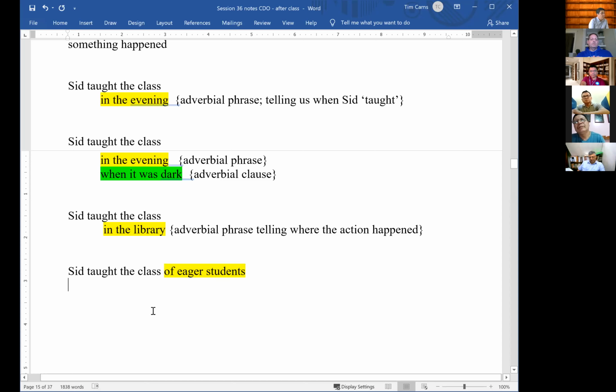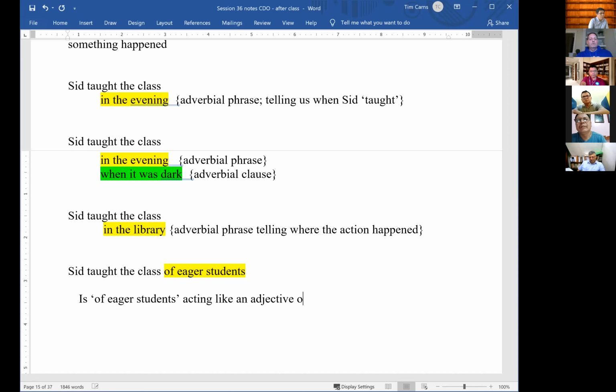So we ask the question, is of eager students acting like an adjective or an adverb? That's the question we ask ourselves. Is it describing, telling us something about the action, something about Sid, or something about the class?